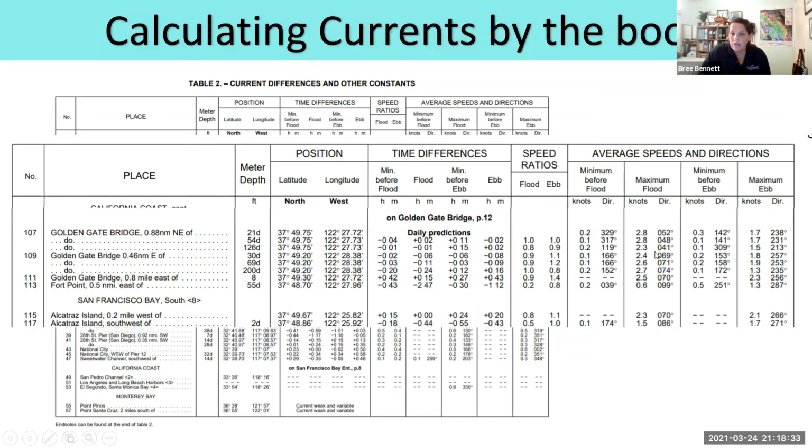And then for maximum flood or maximum ebb, you can get a specific direction for that max or ebb. So for the subordinate stations, you can get your directions here and your times there: time difference, speed ratios, direction.